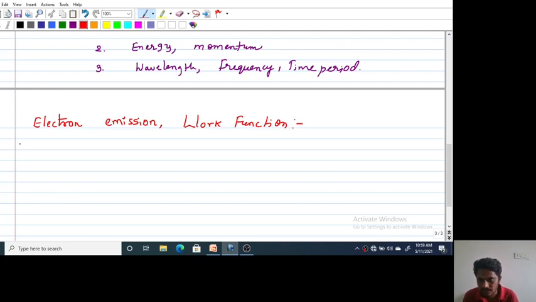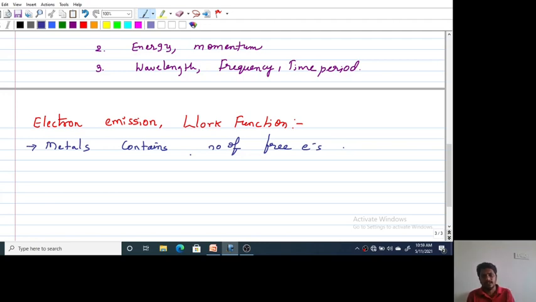Okay, first we have to know what electron emission is. We know that metals contain a number of free electrons.